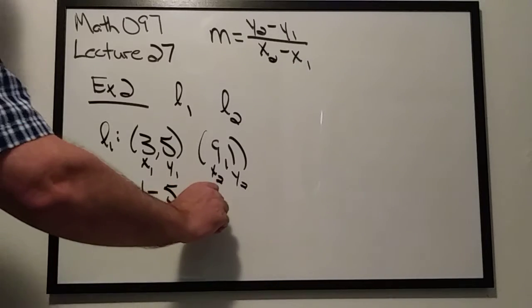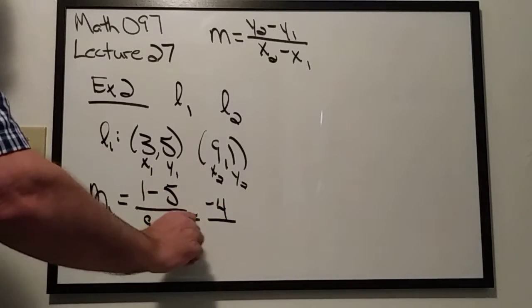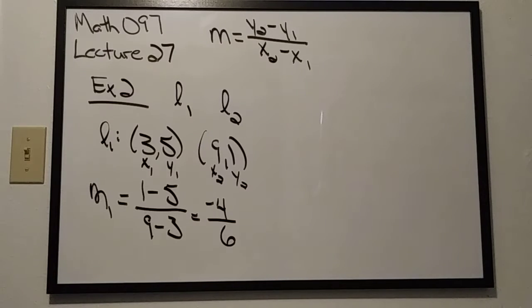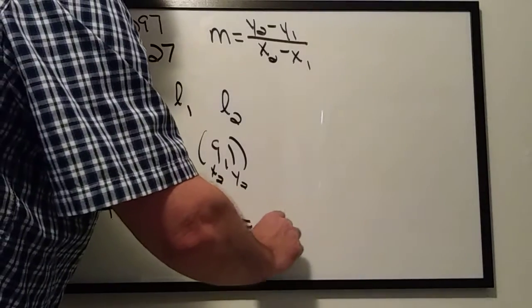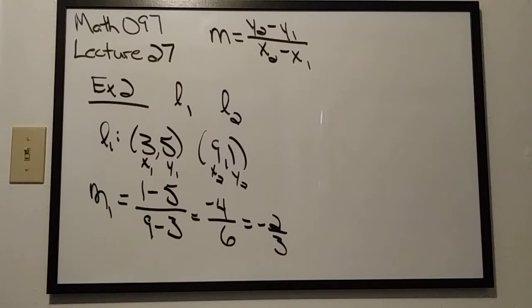Well, 1 minus 5 is going to be negative 4. 9 minus 3 is going to be 6. Now remember, once again, you always simplify your fractions. So negative 4 over 6 can be reduced down to negative 2/3. So the slope of our first line is negative 2/3.